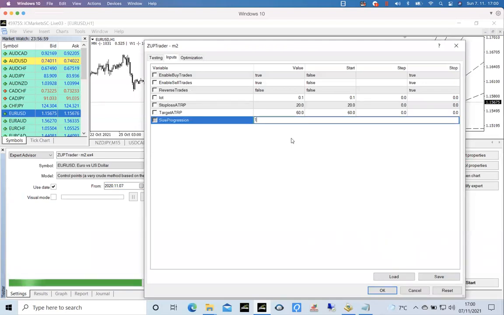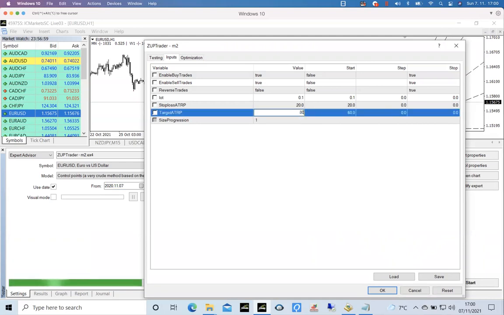Now I will set it to 1 because I need to find the information I need before we start growing this. So I will make it 2080. This 2080 means the stop loss is 20% of the average true range daily percentage, and the target is 80% of the average true range percentage, okay?